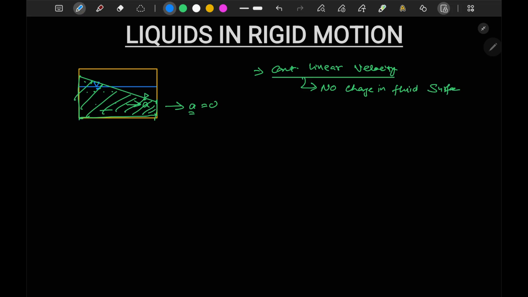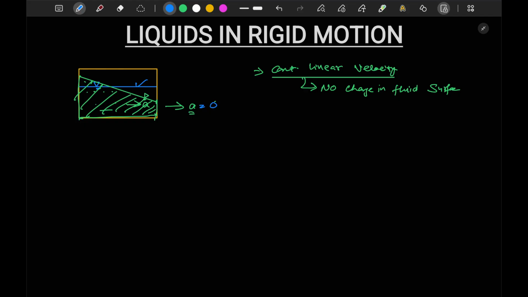So if I say A is equal to 0, your water or fluid surface will remain straight as it is at rest. So at rest or at constant linear velocity, there is no acceleration available. In that case, the fluid level will remain horizontal.